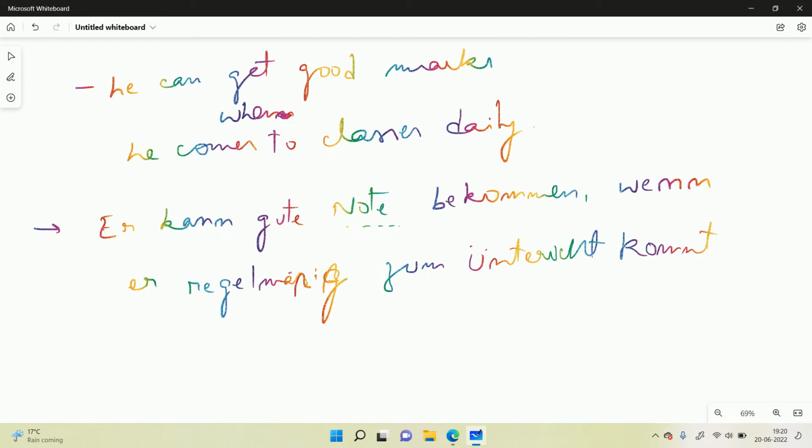Don't be too stressed with all the stuff here. What I wanted to show you is, the moment I use a when, the verb is pushed to the end, right? This is the most important thing. There will be another class of conjunctions, for example another conjunction called denn, which is quite similar to when.